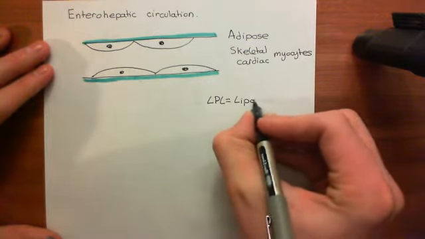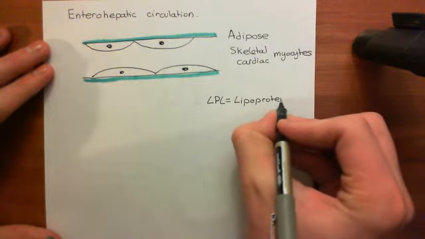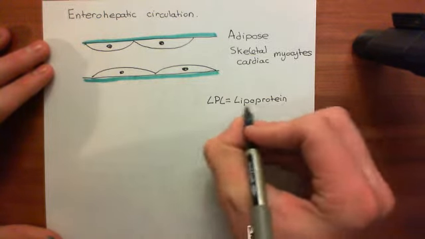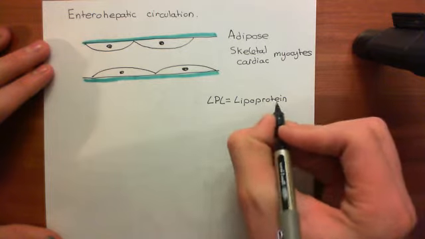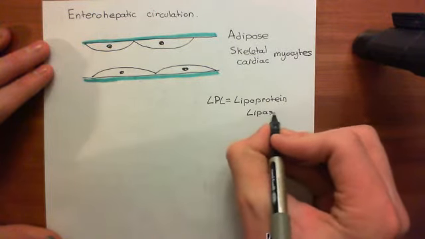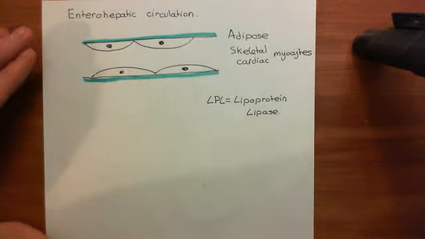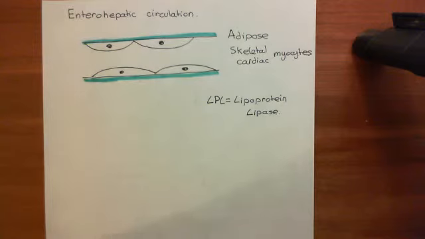The first L stands for lipo, the P stands for protein. That makes sense, since we're talking about a lipoprotein, we're talking about chylomicrons. And then lipase is the second L, which just means something capable of hydrolyzing these ester links between long-chain carboxylic acids and the alcohol groups of glycerol.